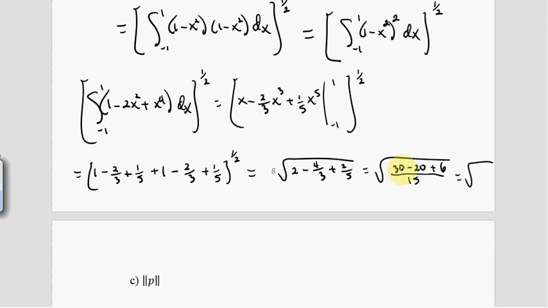So this is going to be 16 over 15, or you can just say 4 over the square root of 15.